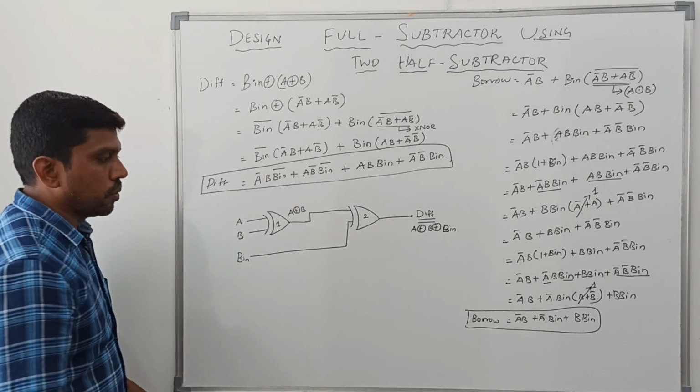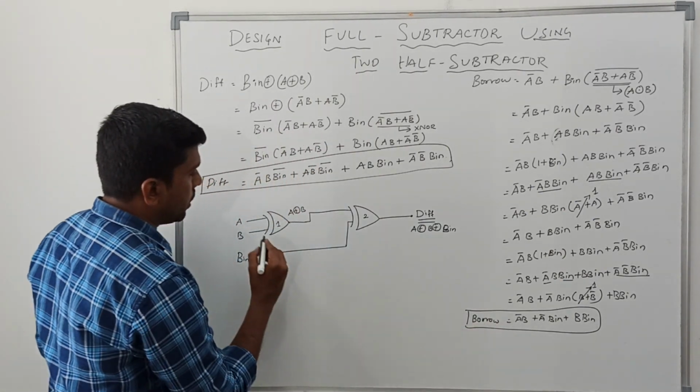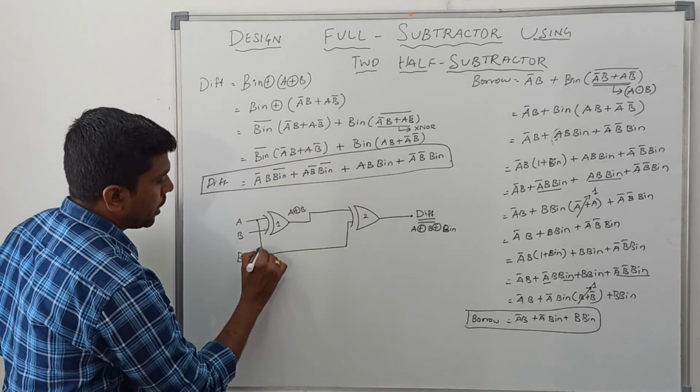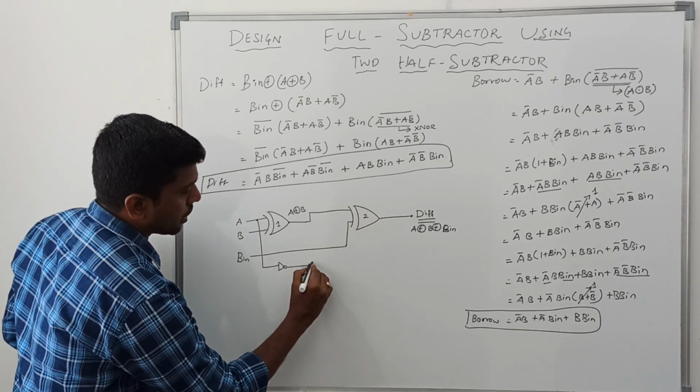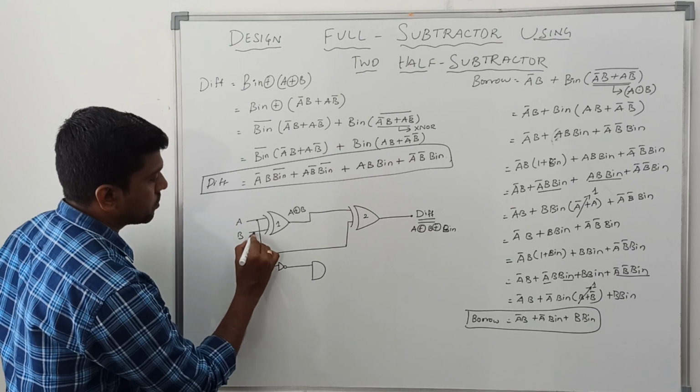Then come to borrow. The borrow expression has A bar B. The A input is connected to an inverter, and the inverter output is connected to one input of an AND gate.